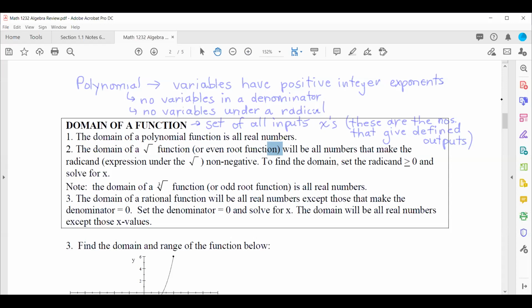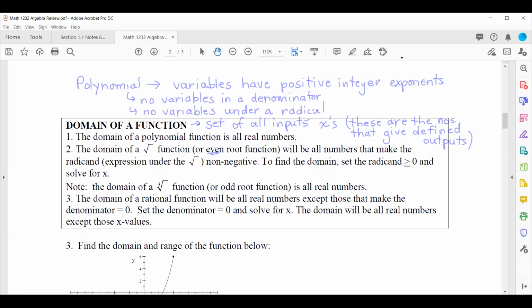Once we get to a square root function, and notice I call that an even root function, so that would be like a 4th root or a 6th root, we typically don't see that.